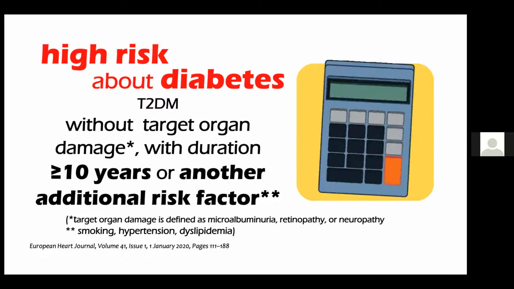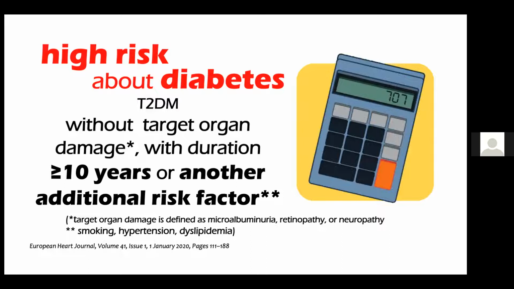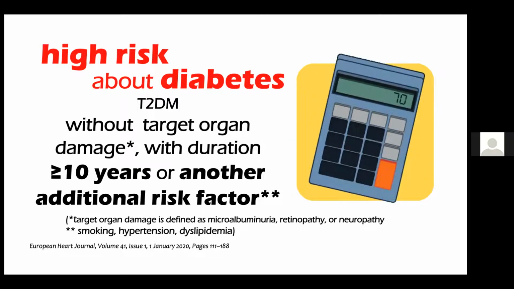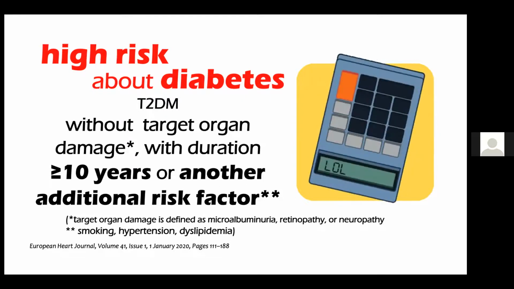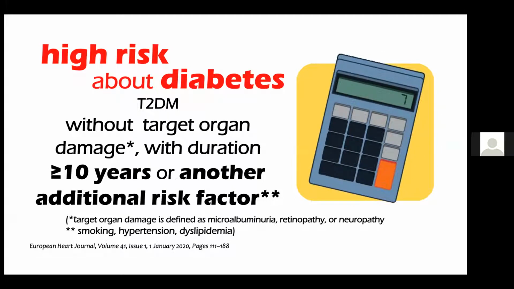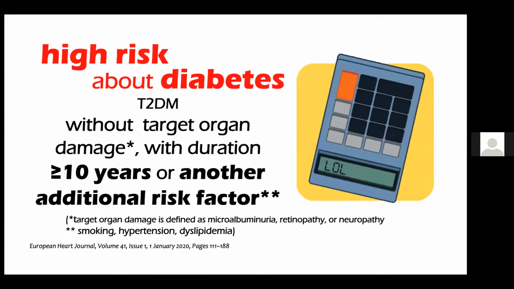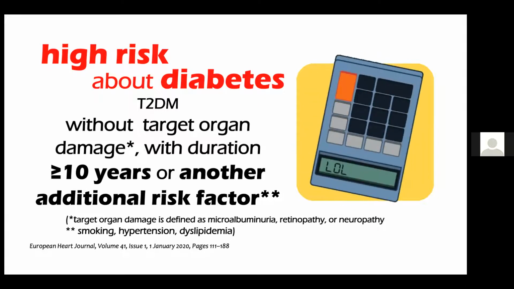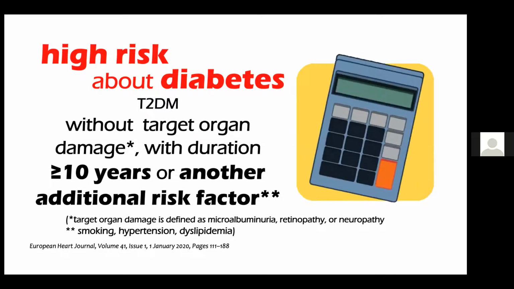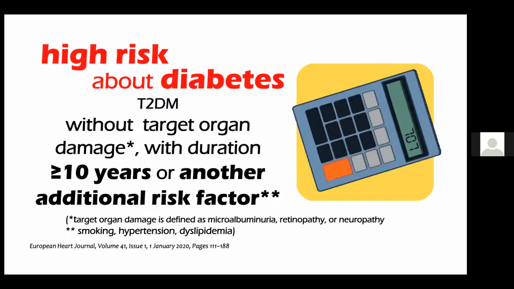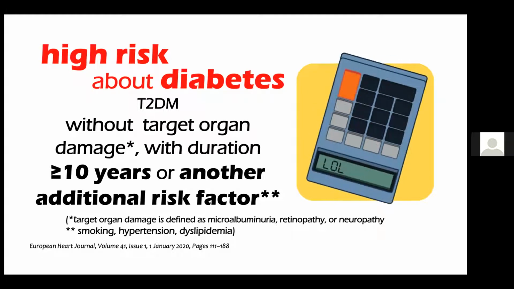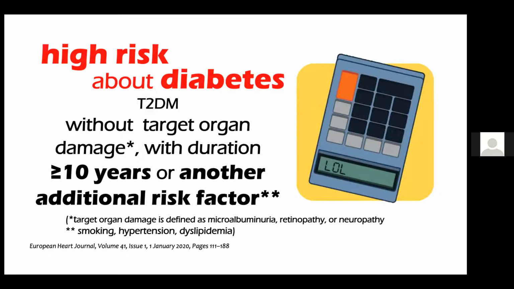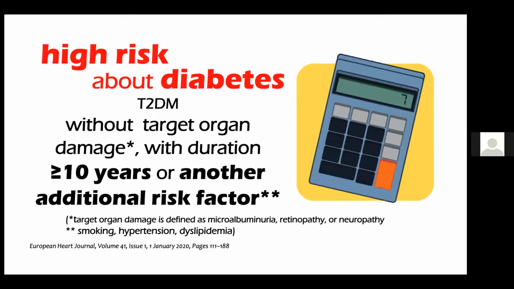Or if the patient has just one additional risk factor, that patient should be considered to be high risk. So those are some of the things that we need to learn now, and whenever we go back and deal with our patient assessment or adjustment of treatment, or even just assessing whether they are on target or not, we might need to change the treatment management plan.